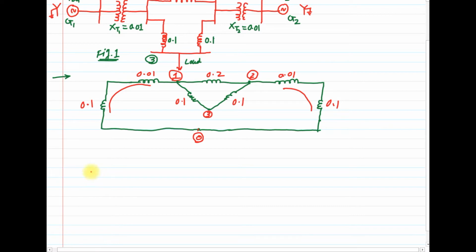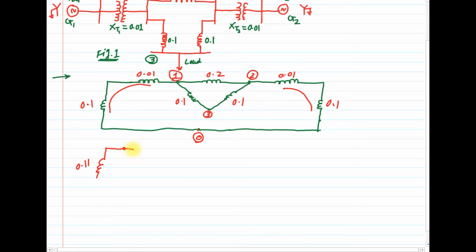So our next step is just to add these two series reactances over here and over here. So we will get the final diagram from figure number 1. Here 0.1 plus 0.01, so we will get 0.11 equivalent reactance for this path.